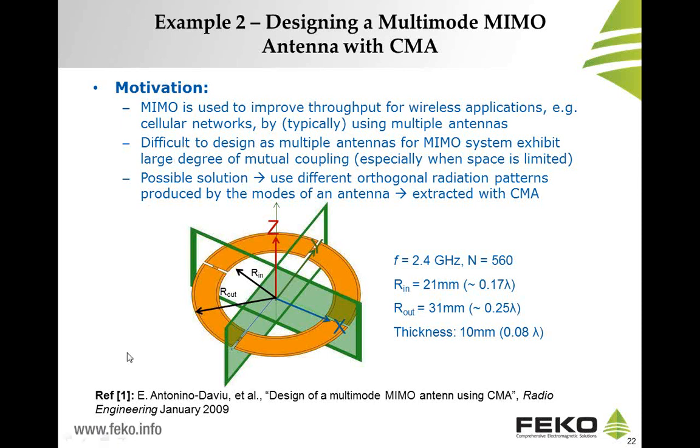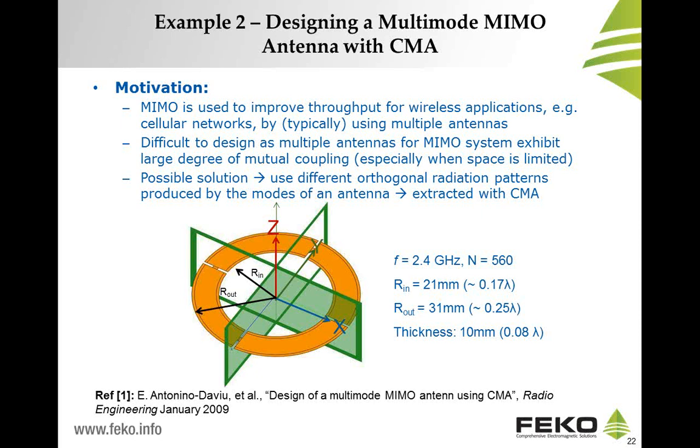Now, the motivation here, or a bit of background to the problem, is that MIMO, or multiple input, multiple output, is used to improve throughput for wireless applications, such as cellular networks. And they do this by using multiple antennas on a handset. The motivation for doing this is that people are constantly looking for, for example, cell phones that get smaller and smaller and that should function faster and faster.